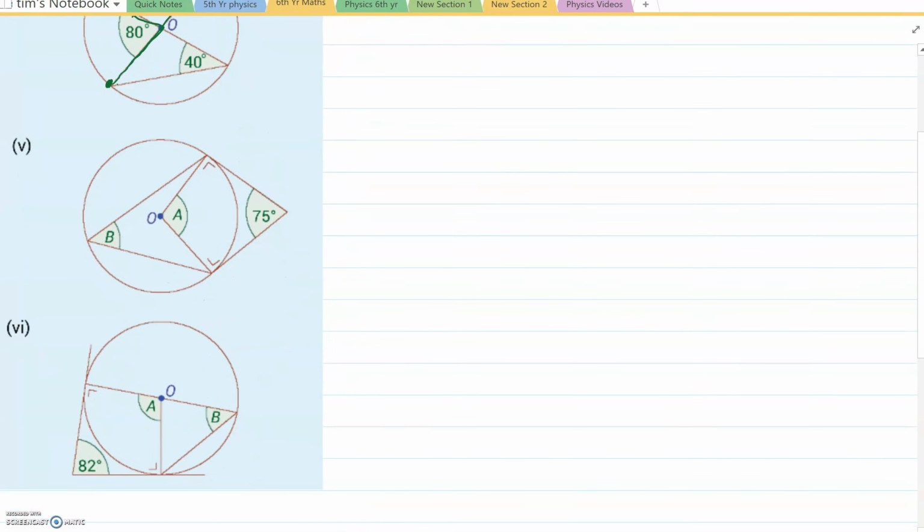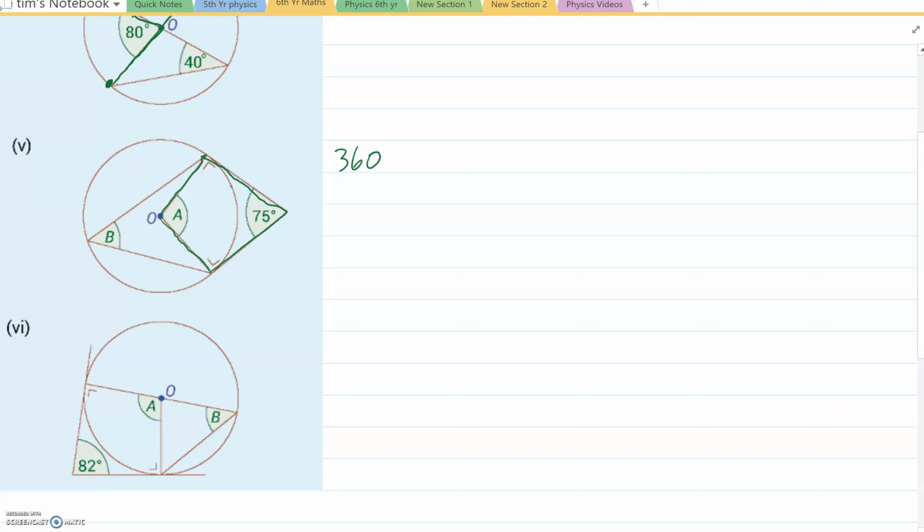Part 5. You concentrate at the start on this quadrilateral here. Notice it's not a cyclic quadrilateral, because only 2 of the points are on the circle. A cyclic quadrilateral needs 4 points on the circle. But any quadrilateral has internal angles that add up to 360 degrees.